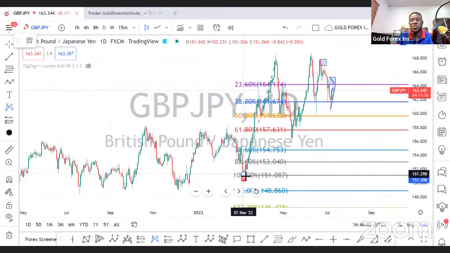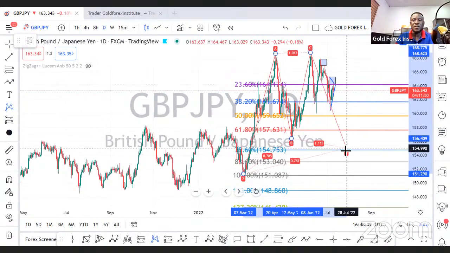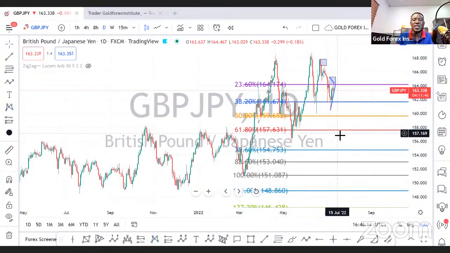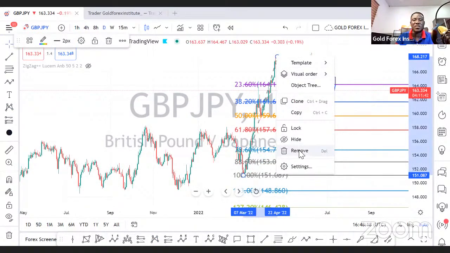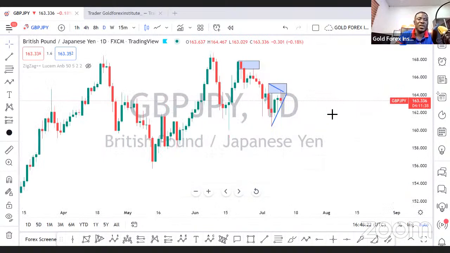Now it's possible, yes, the word is possible that it can get to 78 or 88 level. But let's look at the immediate pattern. Don't let us go so far. Let's look at the immediate. It's also creating another pattern over here.